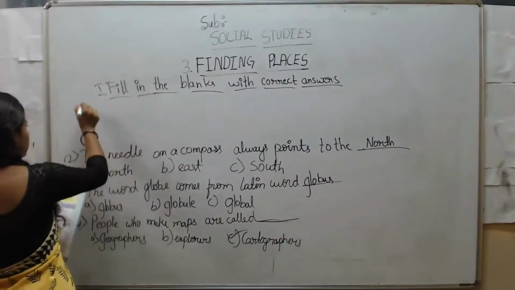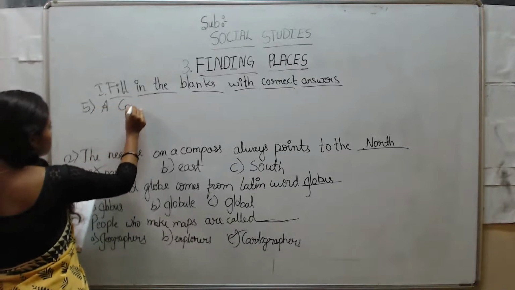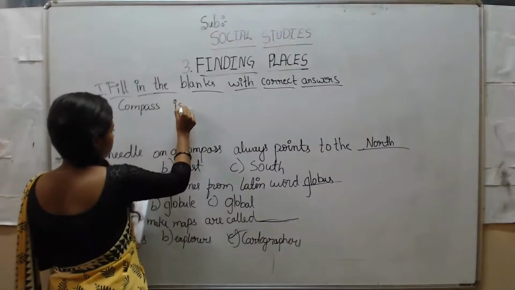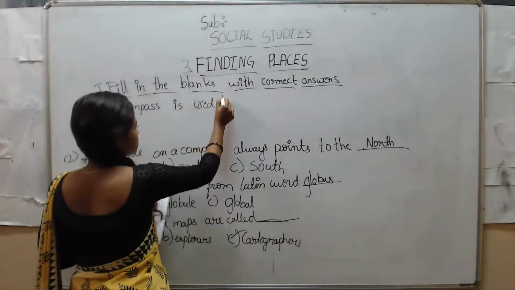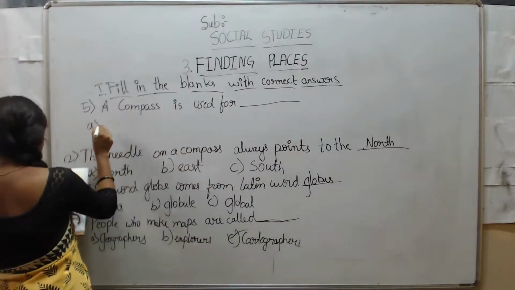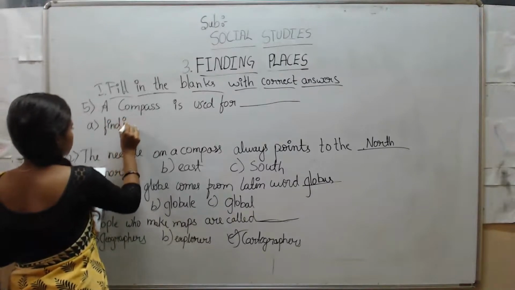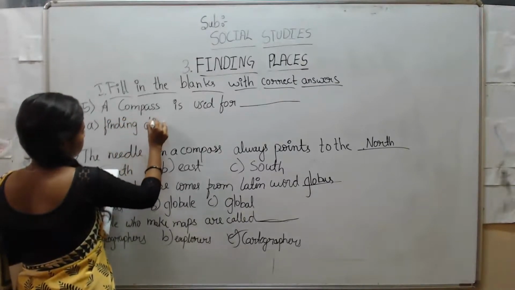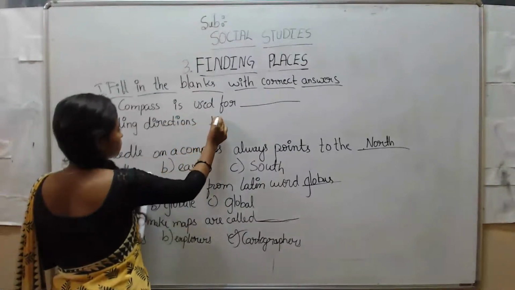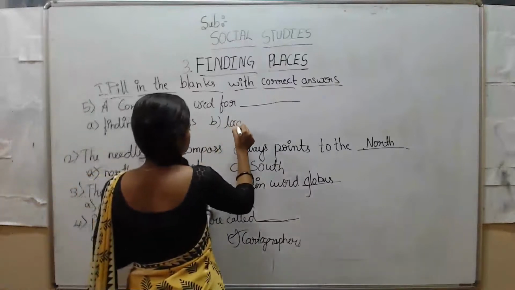Then the fifth one, a compass is used for dash. Option A, finding directions. Option B, locating places on the maps.